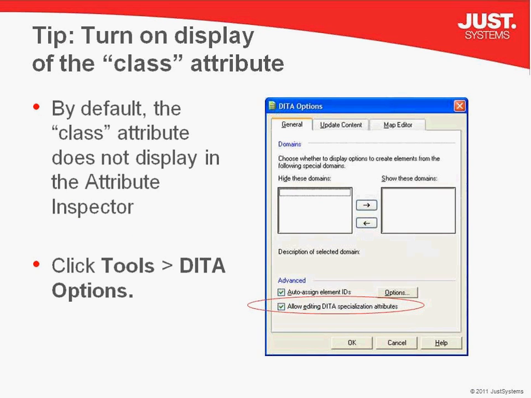The class attribute is going to be an attribute of the element. XMetaL by default does not show the class attribute in the attribute inspector. It's because authors in general shouldn't be editing that attribute, so it's hidden from authors by default. But if you do need to see it, there's an option in DITA Options to turn that on.